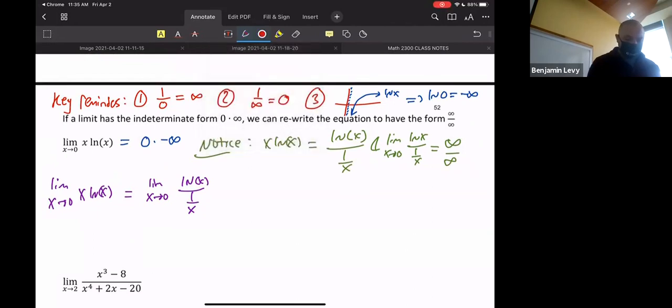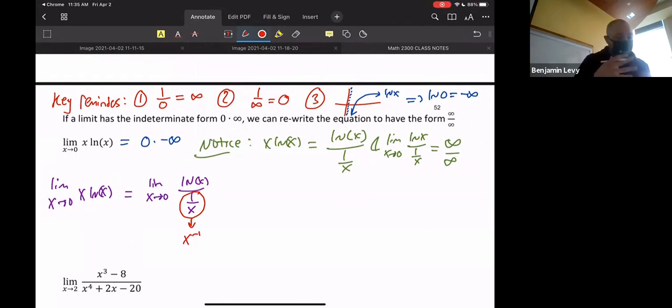And do you remember how we're going to differentiate things in a second? What do we do with 1 over x when we differentiate it? Remember that? Yeah, it's x to the minus 1. You could do a quotient rule on that if you really wanted to, but the easy thing we talked about doing was just thinking about it as x to the minus 1 and then doing a power rule, right? So now it's in the correct form.